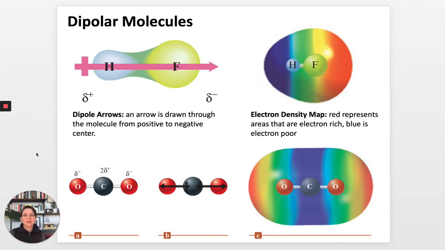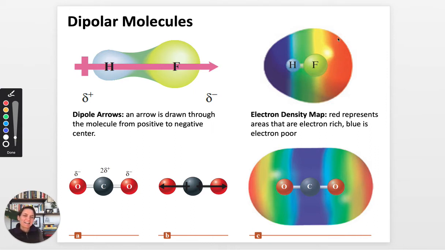Okay, so we have a way of showing that there's this polarity in a molecule, and we use dipole arrows. But before we get exactly to what those are, I want to start by bringing your attention to these electron density maps. Electron density maps are really cool because they do a great job of showing that electrons really are like a cloud, constantly in movement. We know that they're waves and particles, the dual nature of our existence.